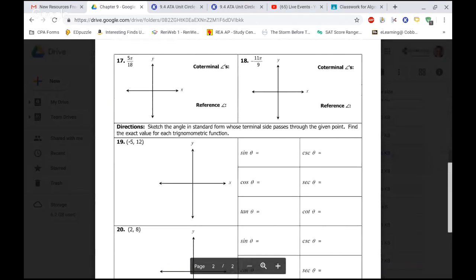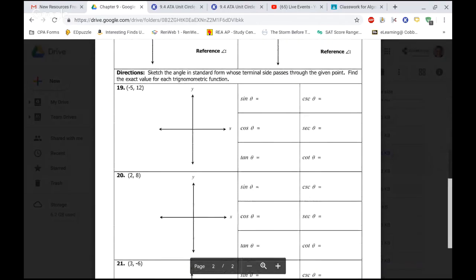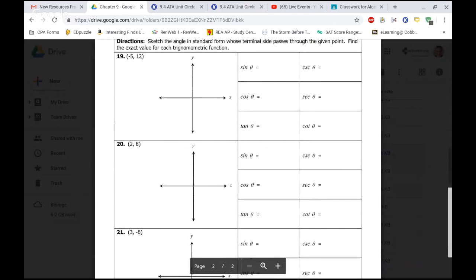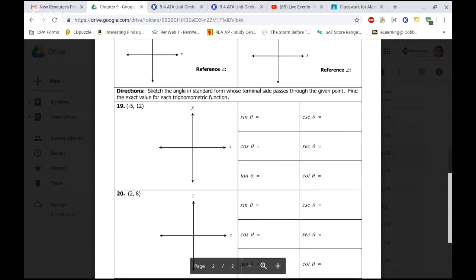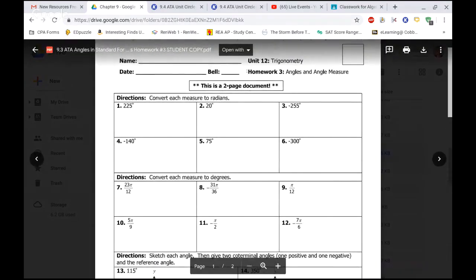You said 19, 20, and 21, right? Yes. Okay, cool. Sketch the angle in standard form whose terminal side passes. Oh, you know what? I won't be able to sketch it here until I open it with Cami. So I better do that. Sorry.